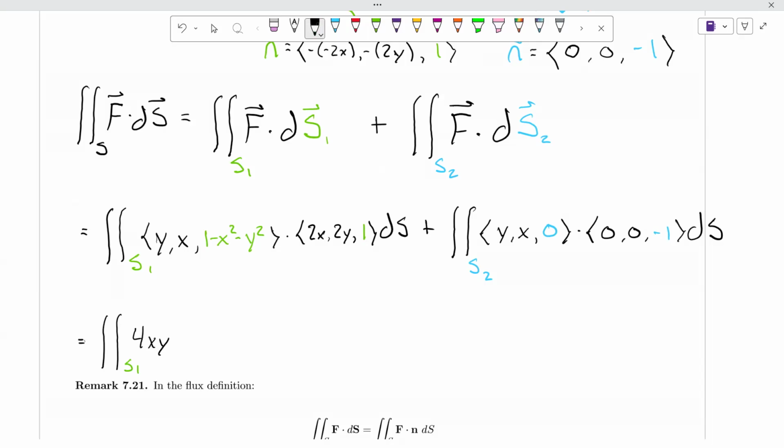I'll get y times 2x plus x times 2y, 2xy plus 2xy is 4xy, plus 1 minus x squared minus y squared dA, plus the surface integral over S2 of 0. There's nothing really to that one.